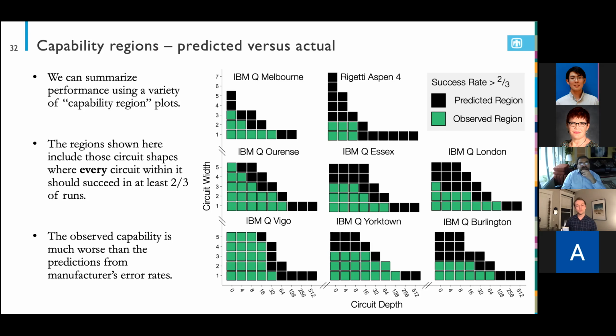Yeah, in fact, I was curious if it also reflects a little bit of the connectivity, because if you look at Aspen 4, this thing looks very different. In some sense, the other one has these long tails along both axes, whereas this one seemed to be a miniaturization of the basic structure. So in these experiments, we explicitly decided to make connectivity not a factor by having circuits that only contained the native gates of the device.